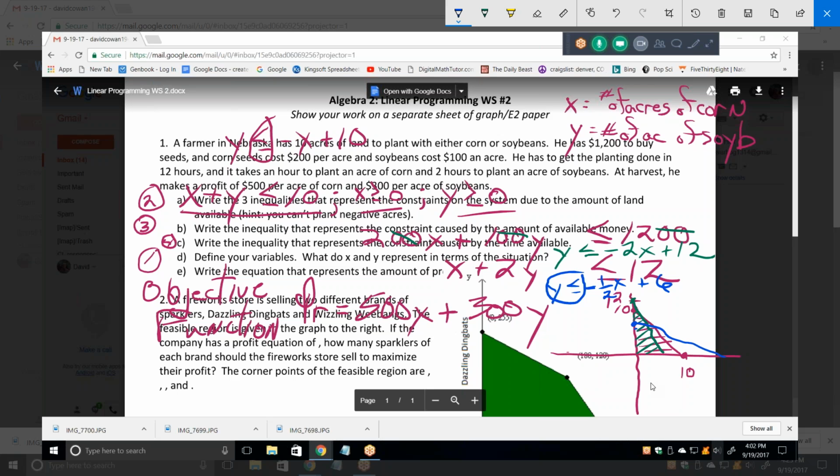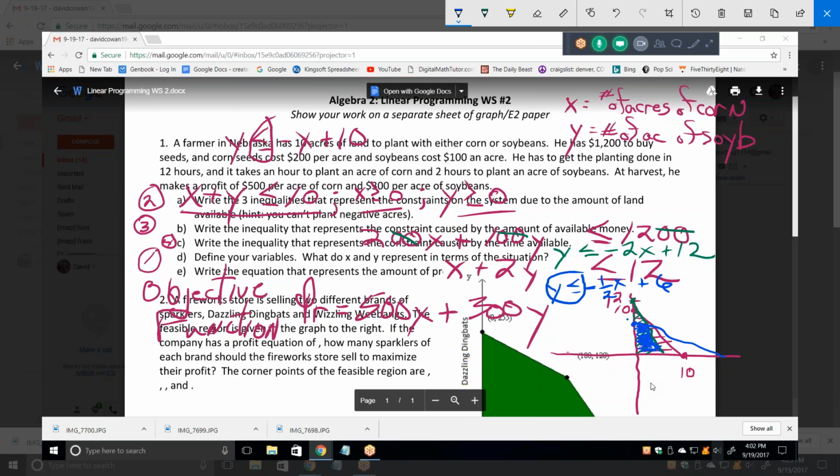Okay? So now our final area of interest is only the area included by all 3 lines. You see how I get that area right there? Which means that our maximum profit has to be at one of the vertices.